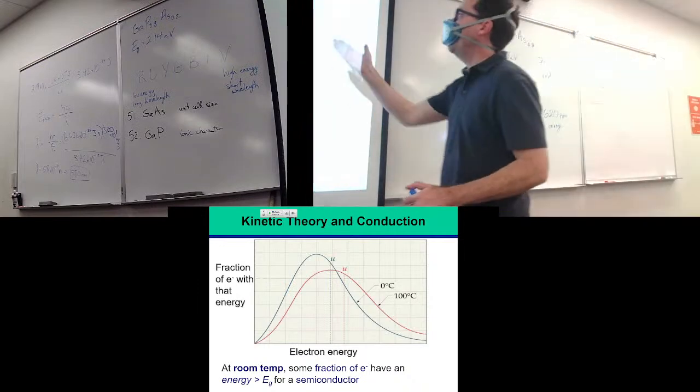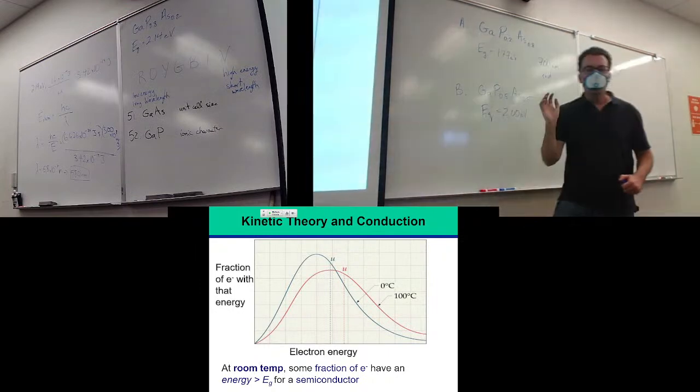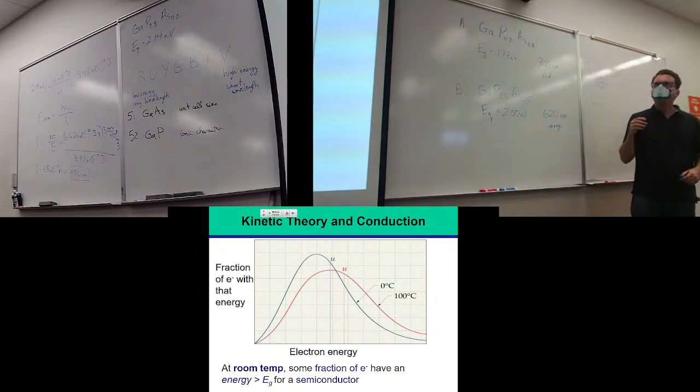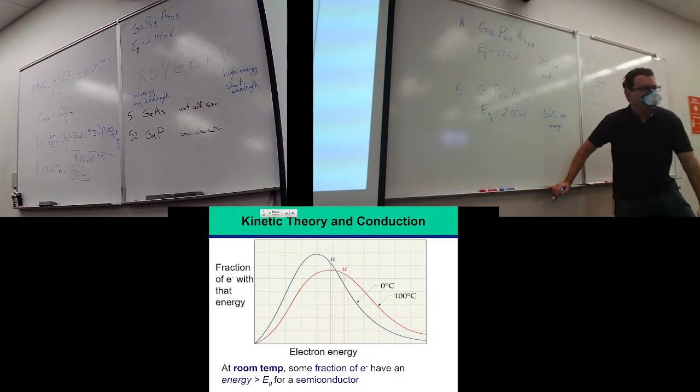And if you heat up, so temperature, a physics person is going to hate me for saying this, but in chemistry, we like to think of temperature as a measure of the average amount of kinetic energy.